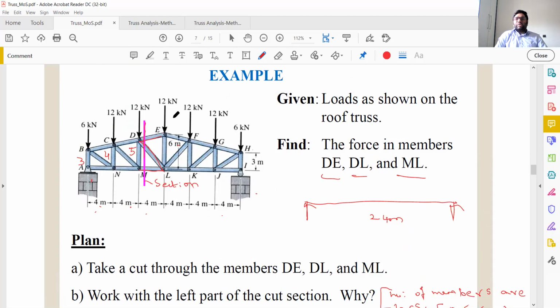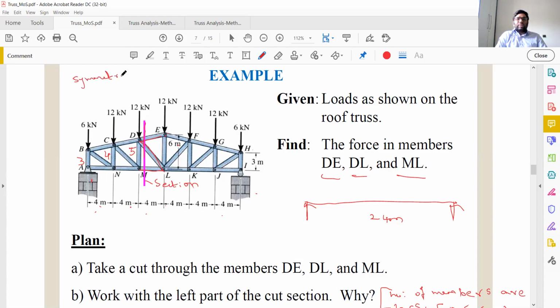Symmetrical means from the center, whatever we have in the left, the same thing will be there in the right also. So is it symmetry or asymmetry? Yes, symmetrical.